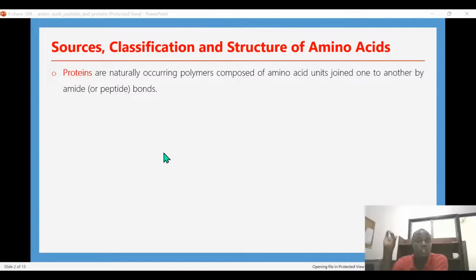As I said, we are going to look at the sources, classification, and the structure of amino acids. So first, what are amino acids? Amino acids are the building blocks of proteins.